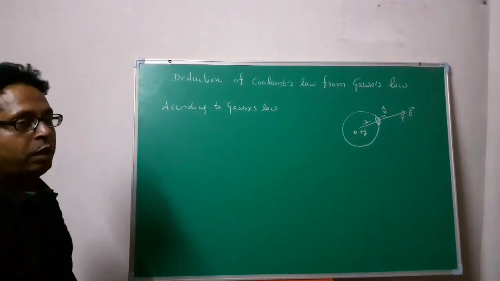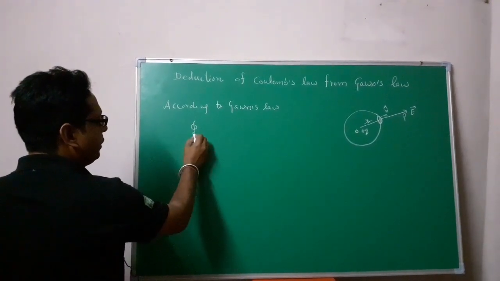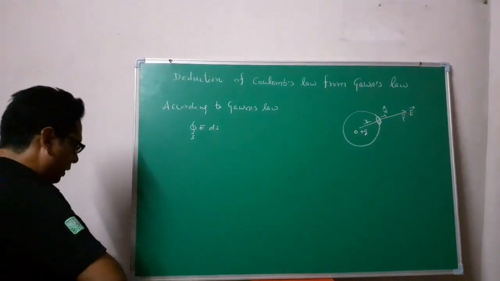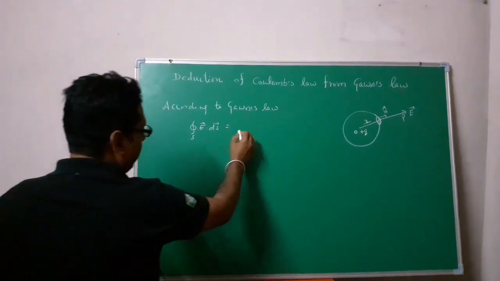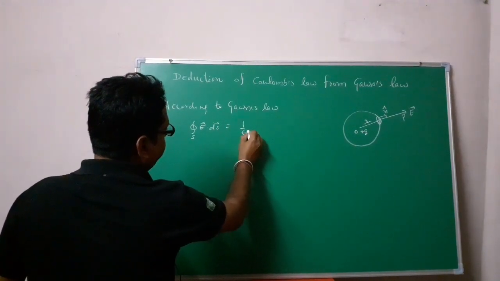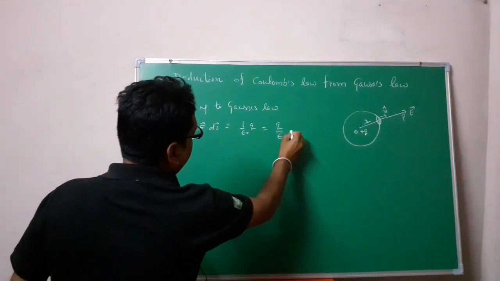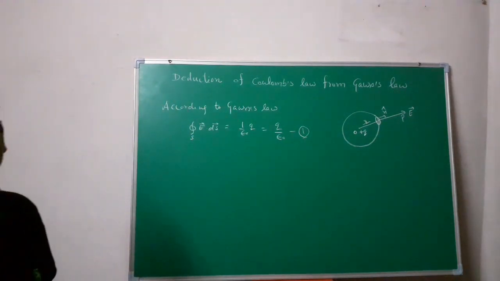According to Gauss's law, the closed surface integral of E dot ds is equal to 1 by epsilon naught times q, or you can say q upon epsilon naught. Let it be equation number 1.